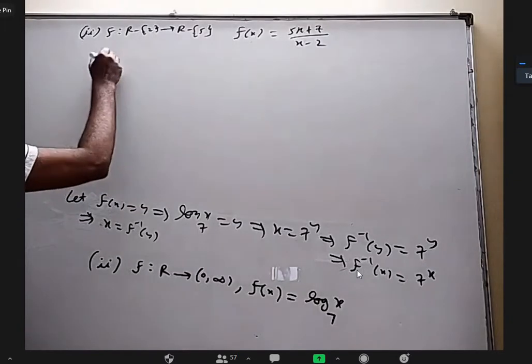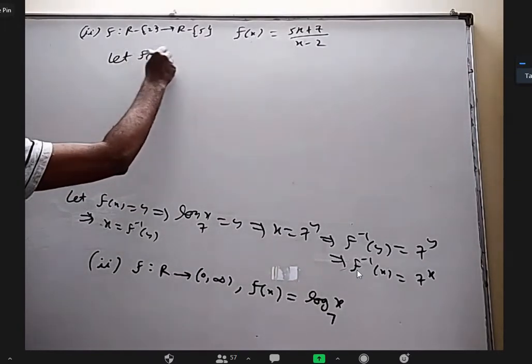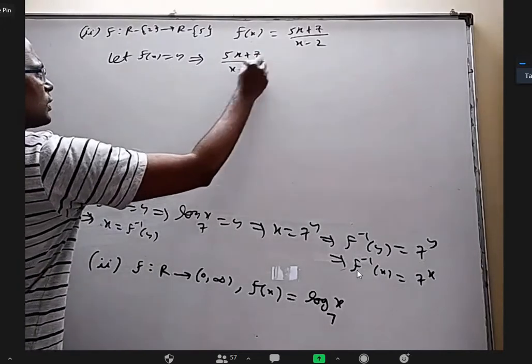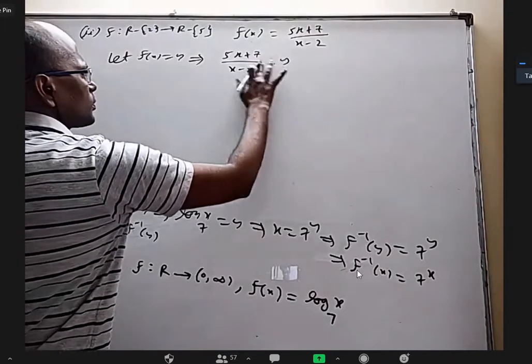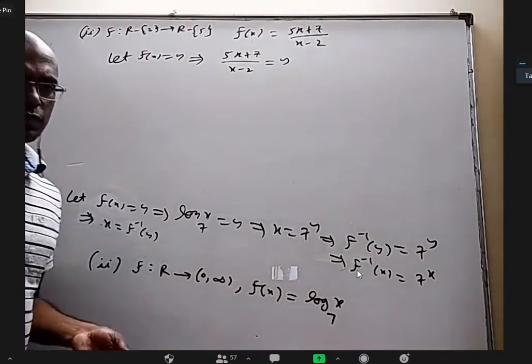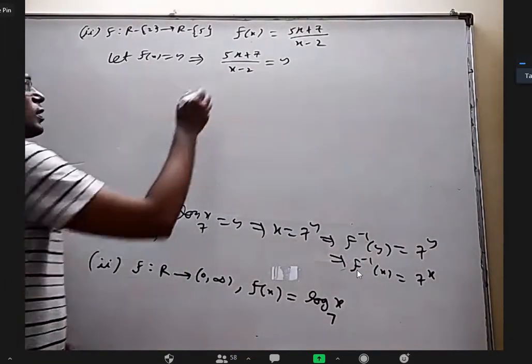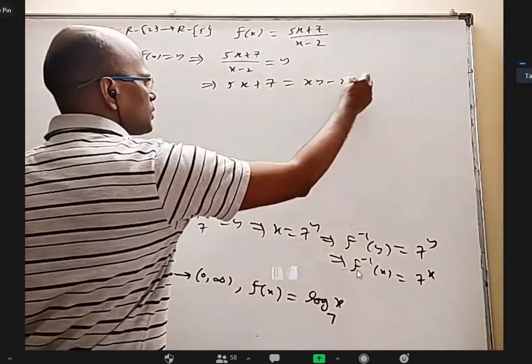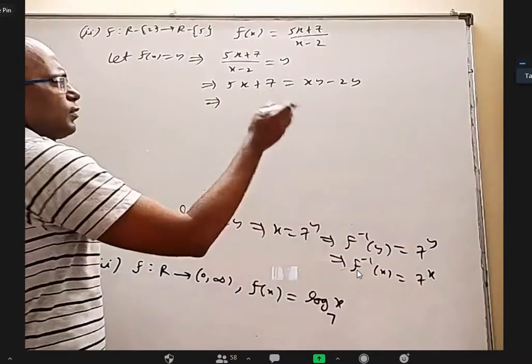Yeah. So let f of x equal to y. 5x plus 7 by x minus 2 equal to y. Now, how to find x in terms of y? Do cross multiplication and bring x one side. 5x plus 7 equal to xy minus 2y. And I want to bring x one side.